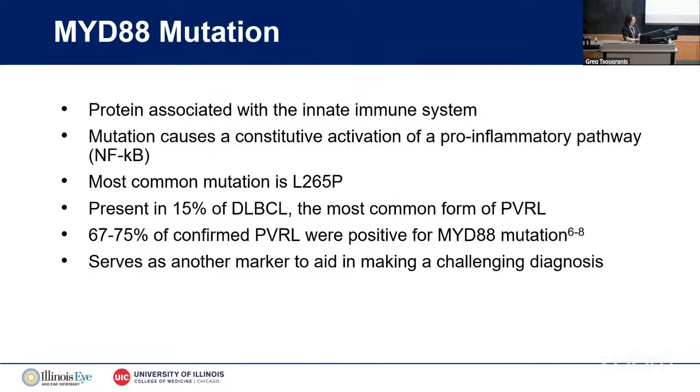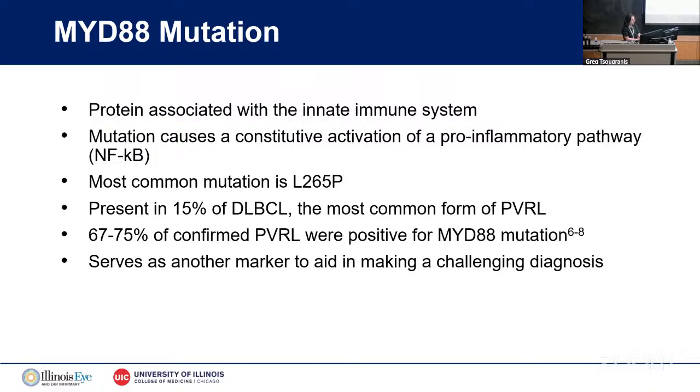Going into the MYD88 mutation, more work has been done on this. It's a protein associated with the innate immune system. It activates a pro-inflammatory pathway if mutated. It's been commonly reported in diffuse large B-cell lymphomas, especially those from immunoprivileged sites.